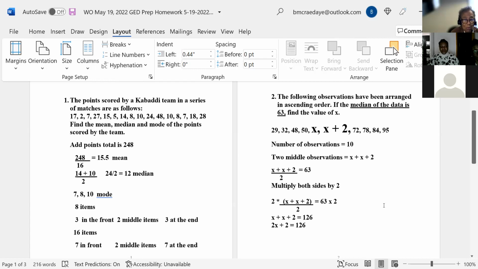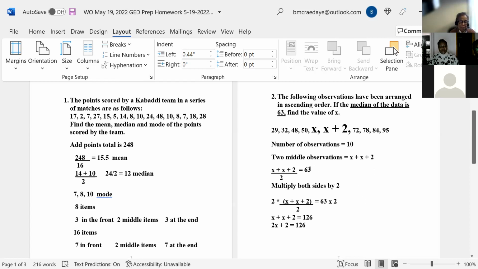The rule still holds. You add your 2 numbers in the middle and you divide by 2. And that's what we did. The 2 numbers in the middle are x and x plus 2. They gave us the median, so we set it equal to 73.